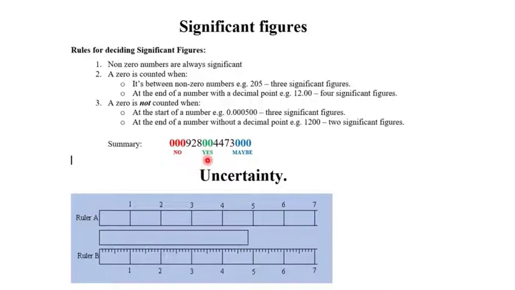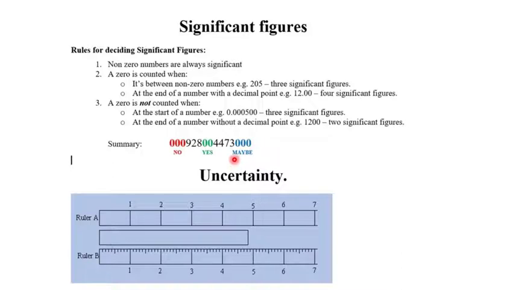Zeros in the middle in green, which have non-zero values to the left and non-zero values to the right, are always considered significant because there's real data, real measurements to either side, so we always include the zeros in green. The zeros at the end in blue are the tricky ones. Sometimes they're included, sometimes they're not.